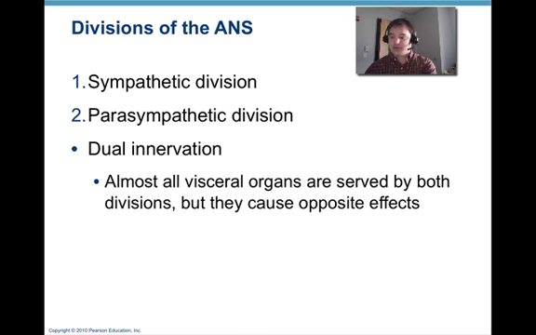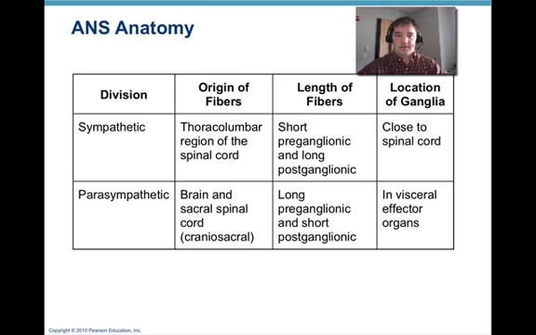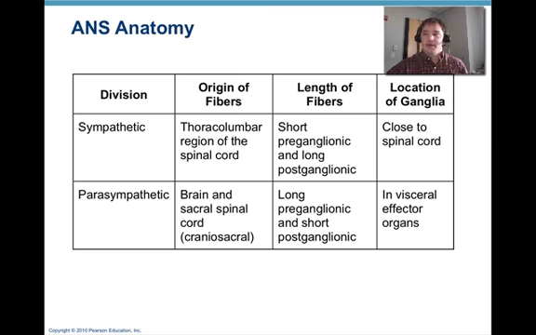So we're going to discuss the anatomy of the two different divisions now. In the parasympathetic division, the preganglionic axons extend from the central nervous system nearly all the way to the structures to be innervated, where they synapse with ganglionic neurons in the terminal ganglia.